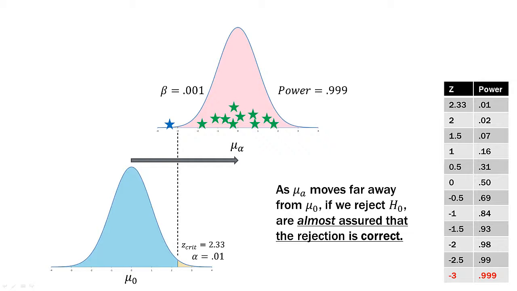So in that case, we would commit a type 2 error. But as you can see, it's so infrequent. So 0.001, 1 out of 1,000 sample means approximately, that this is a very powerful statistical test because of how far the alternative population mean is above the hypothesized population mean.